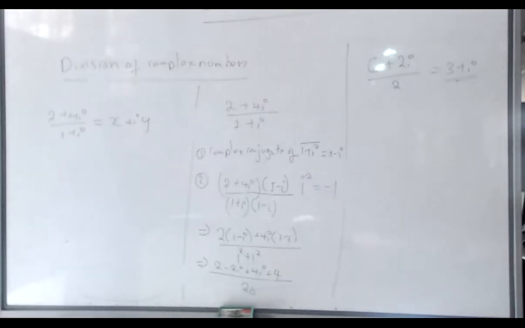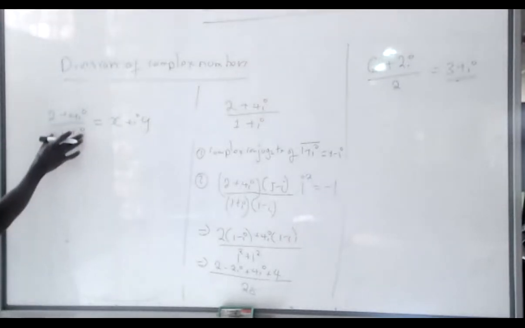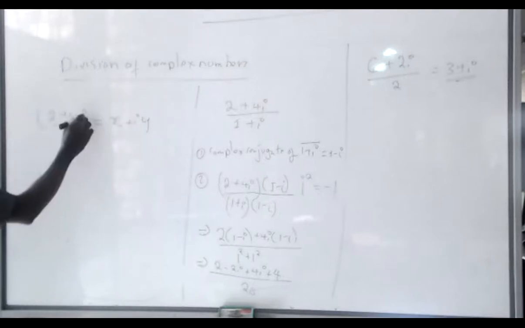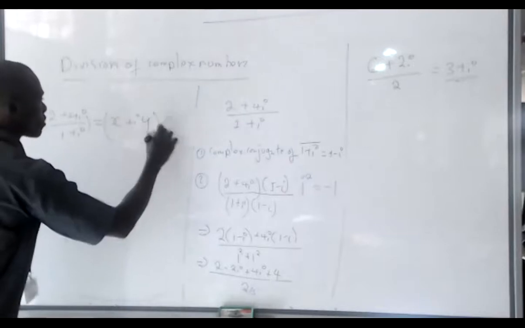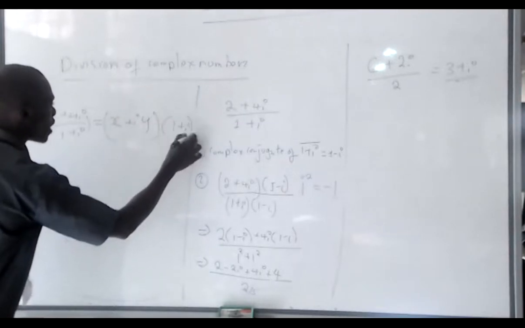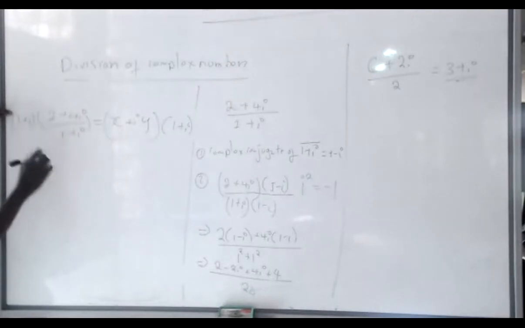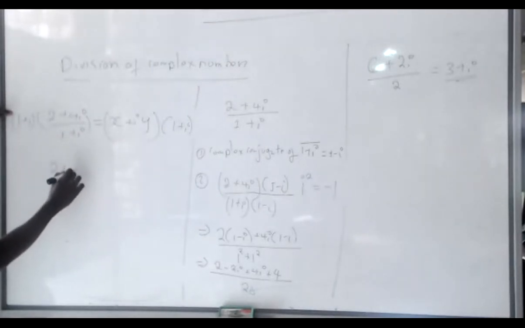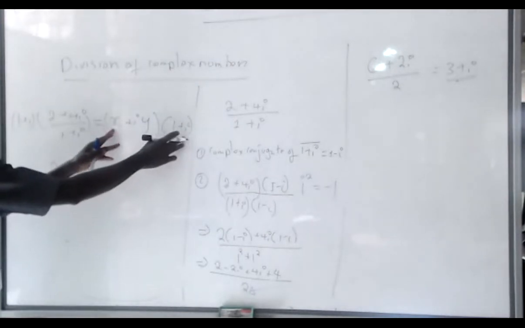Then now what we do is multiplication. To do away with the fraction on the left-hand side, multiply all terms by 1 plus i. So multiply this side also by 1 plus i. Over here, 1 plus i and 1 plus i cancel out, and you get 2 plus 4i is equal to, now this end we need to multiply.